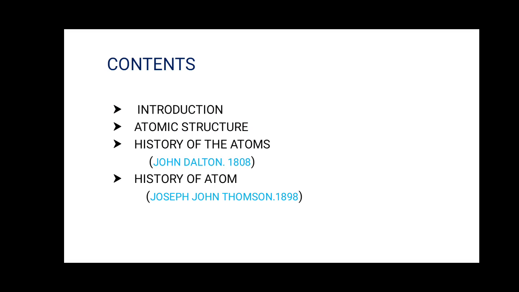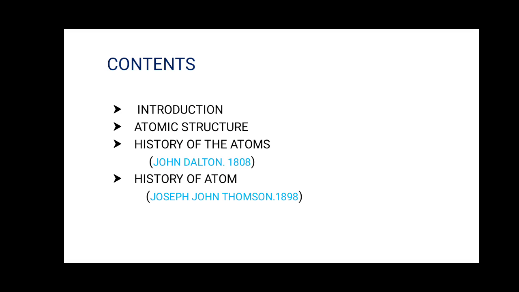As we know, what is meant by matter? What is an atom? What is the smallest unit of matter? As we learned in 8th or 9th standard, matter is made up of molecules. Molecules are formed from atoms.